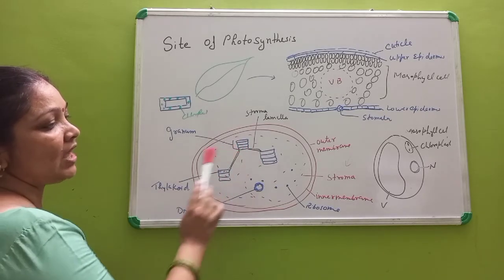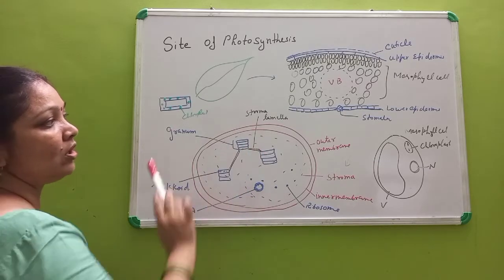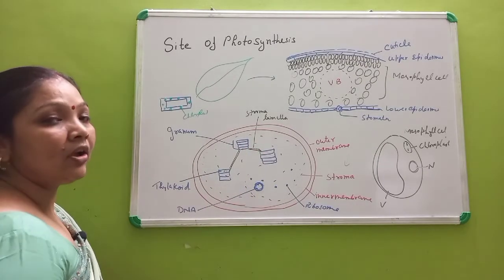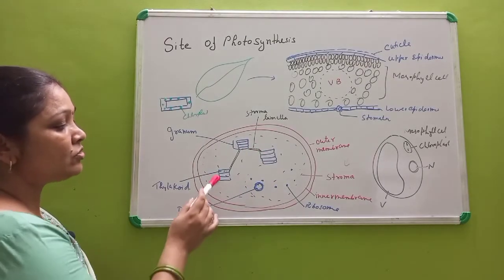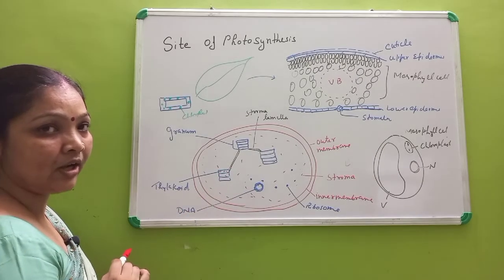One granum is attached to another granum by an attachment called stroma lamella.